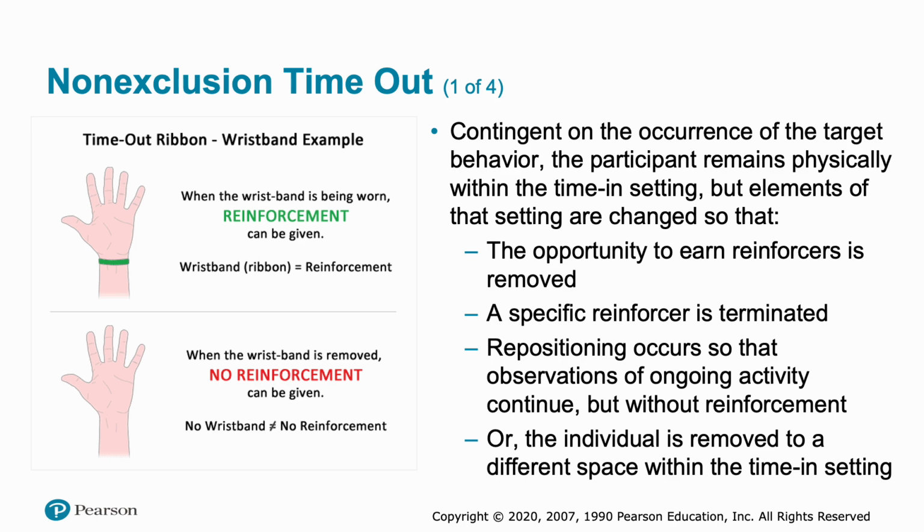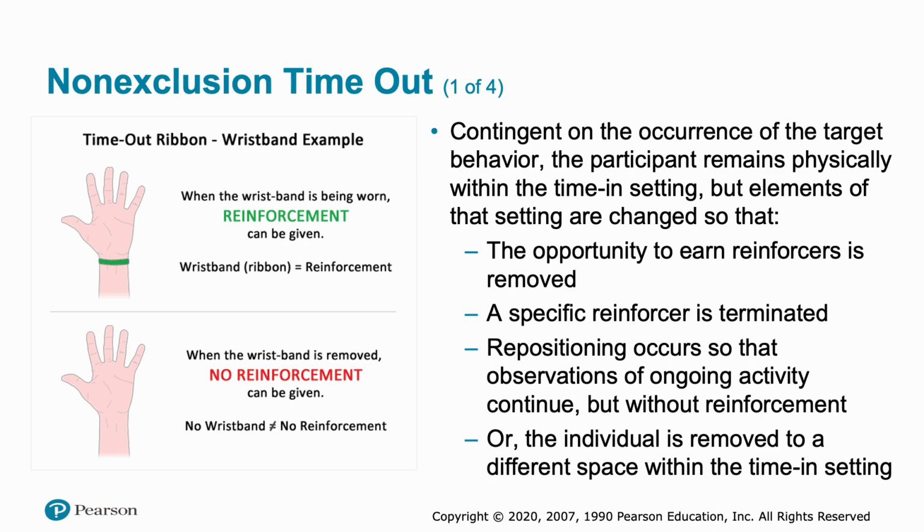Okay, so non-exclusionary timeout is when, contingent on the occurrence of the target behavior, the participant is able to remain in the time and environment, but there's certain things about the environment that are going to be changed. Okay, so these are the different options basically.